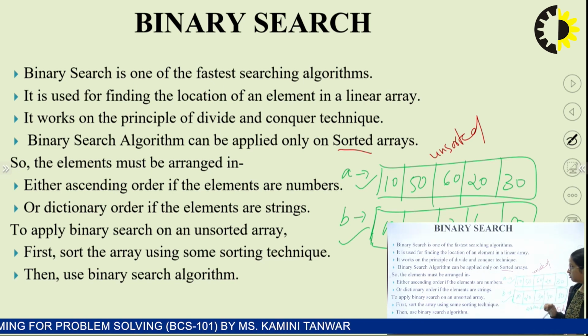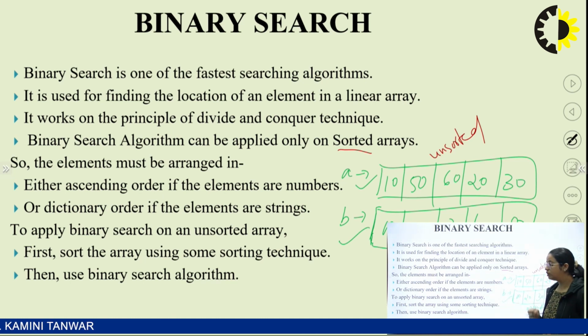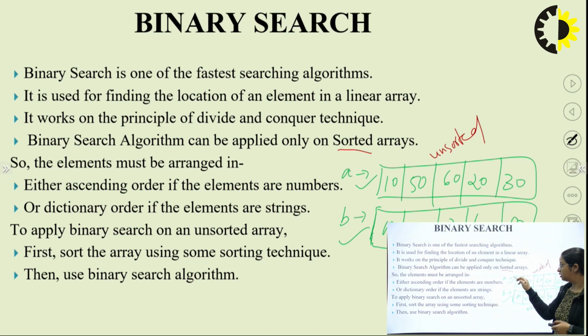The condition for binary search is that the elements of the array must be sorted. That means we do not apply binary search on the elements of the unsorted array. If you want to find an element, we are not going to use that array; we are going to use this sorted one.